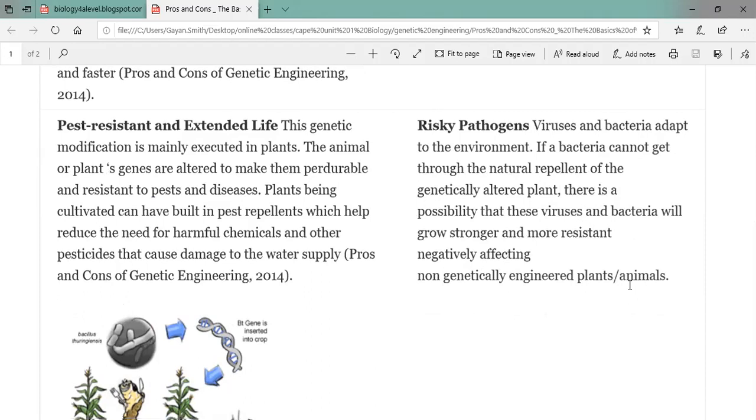So they are saying that you have to look at it from two angles. So yes, you put the insecticide resistance gene into the plant, but they're saying that viruses can overcome that. With time, they will learn how to bypass that, and then these will now become super viruses or super bacteria that can go on and infect the regular plants that were not genetically modified.